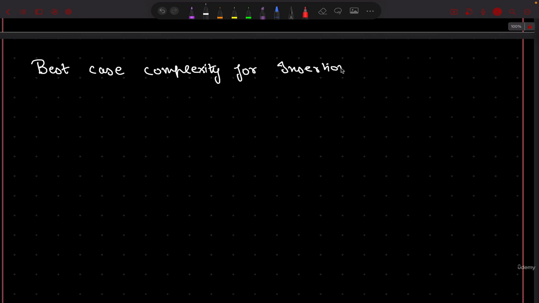Now in the best case, your whole array or list will be sorted. If it will be sorted, then for each and every element, of course, we will not have to do a lot of work, right? Just by doing the single comparison, we can tell if the subpart is sorted or not, right?